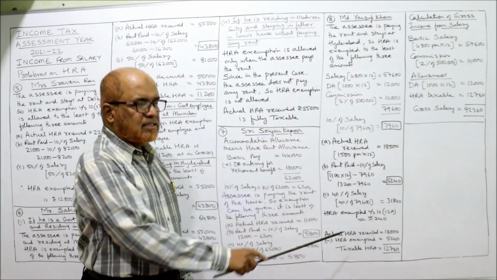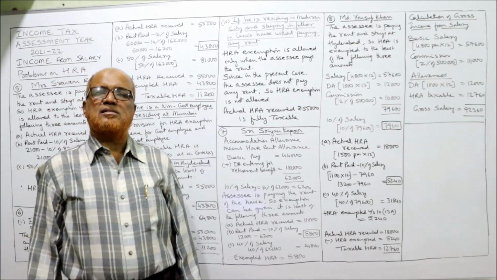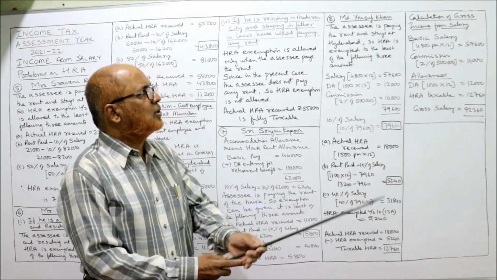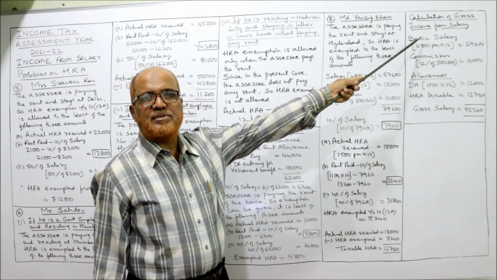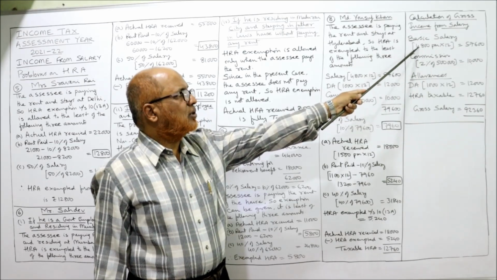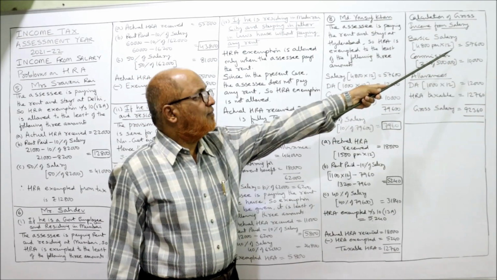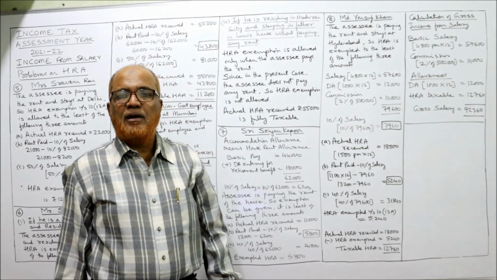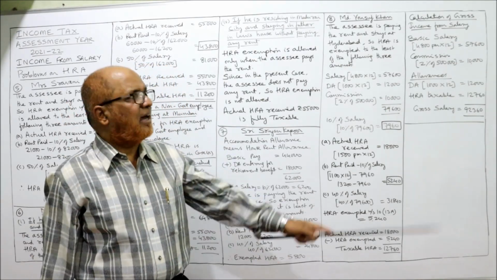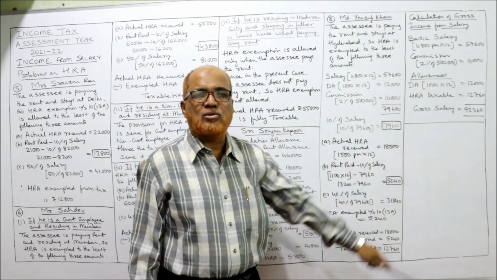That is how to compute the taxable HRA. Secondly, it is asking you to calculate the gross income from salary. He is getting basic salary of 4,800 per month into 12, 57,600. Apart from basic salary, commission, 2% of 5 lakh rupees, 10,000.